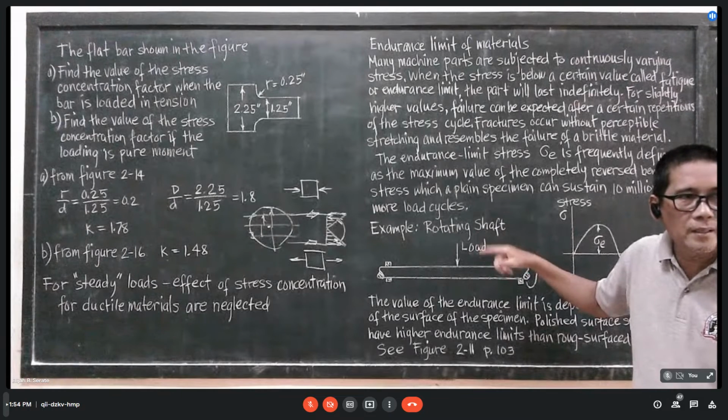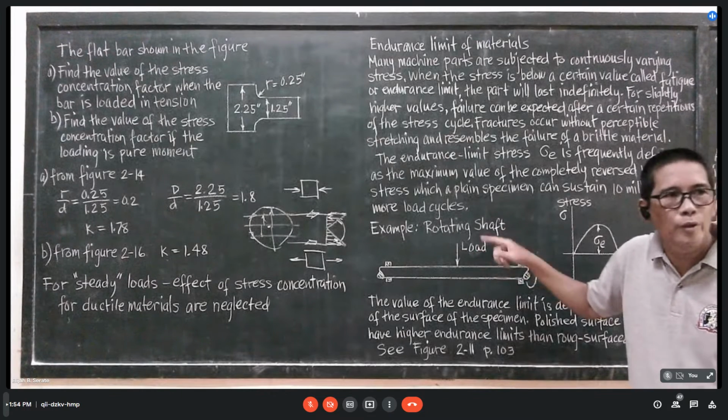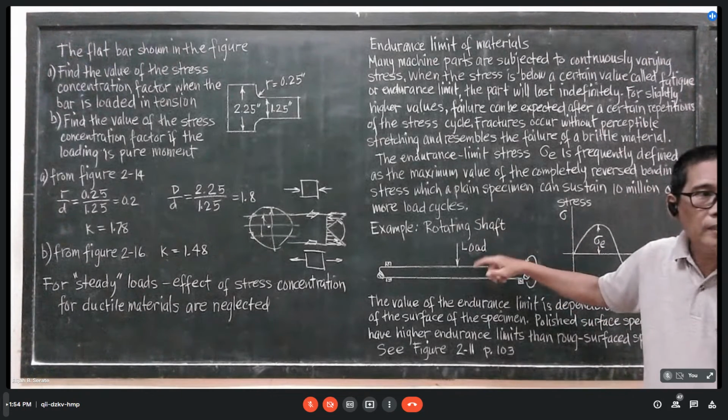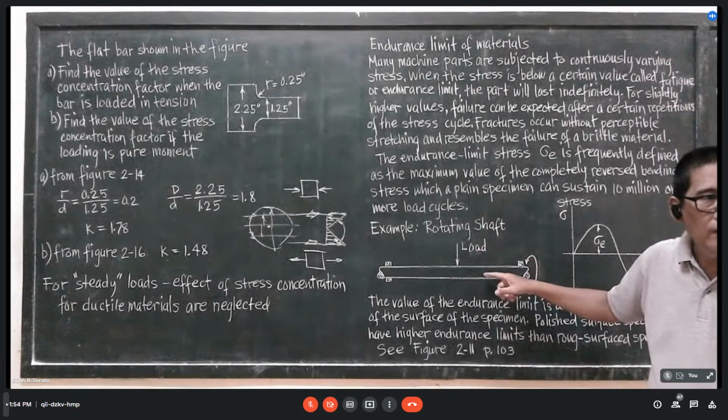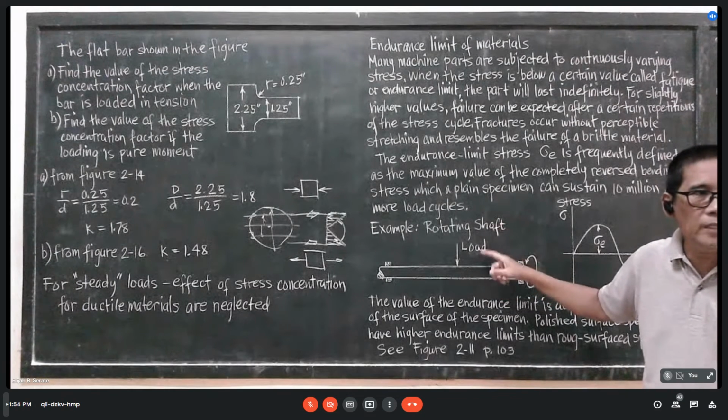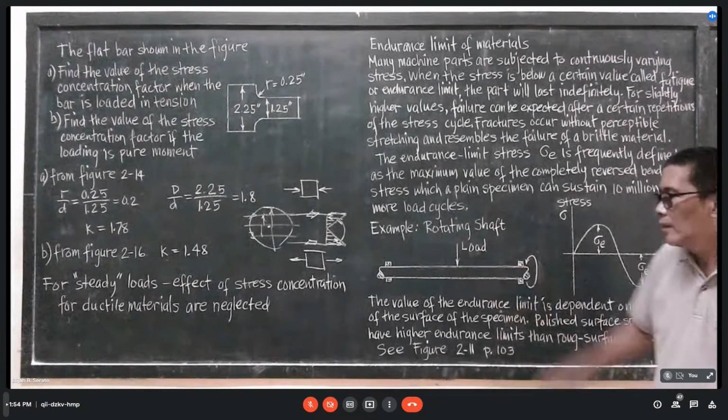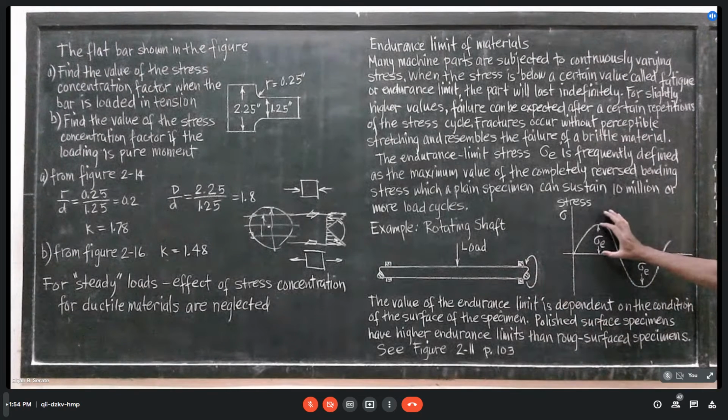If it does not fail, then you add some more until such time that it will fail. Then you have reached the endurance limit. Okay, so this is your endurance stress. Reversing, no?